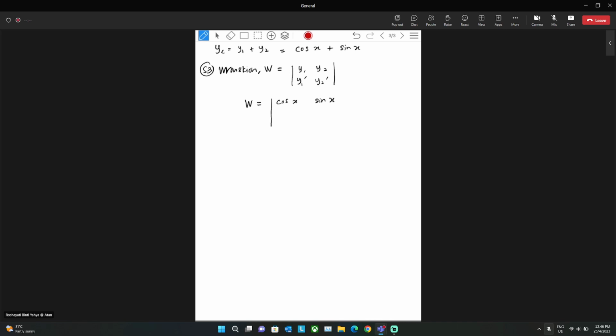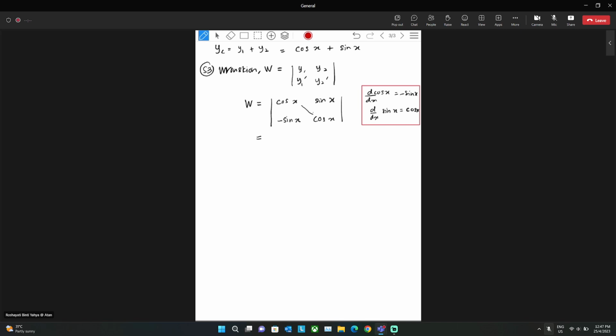Y1 prime, differentiate cos, negative sin x. d/dx of cos x equal to negative sin x, and d/dx of sin x equal to cos x. So differentiating sine we get cos x.